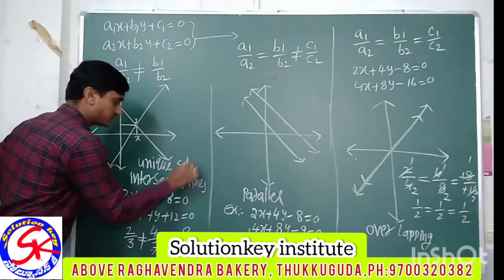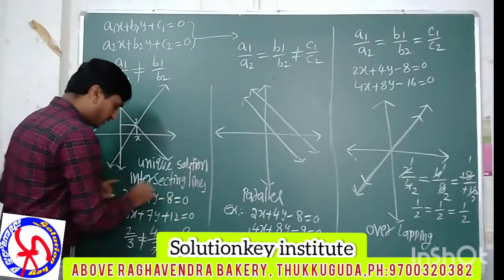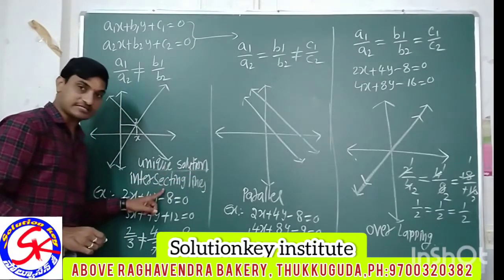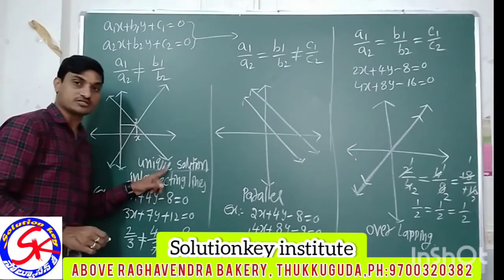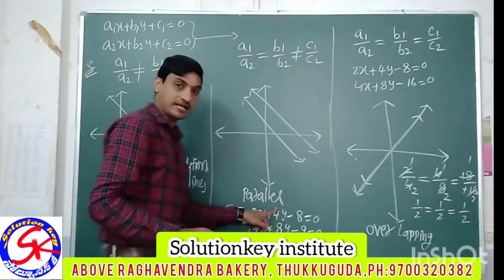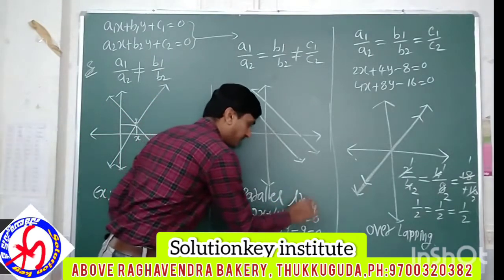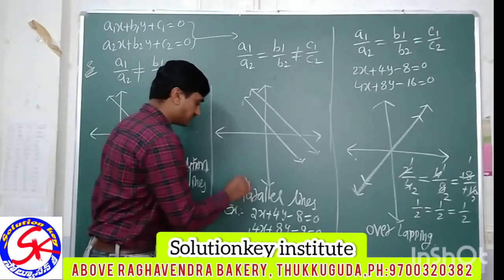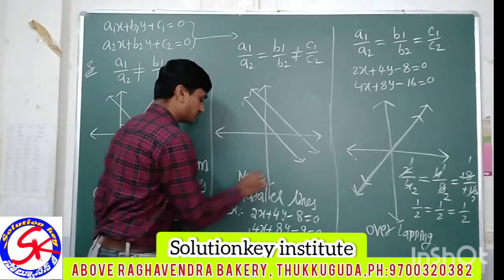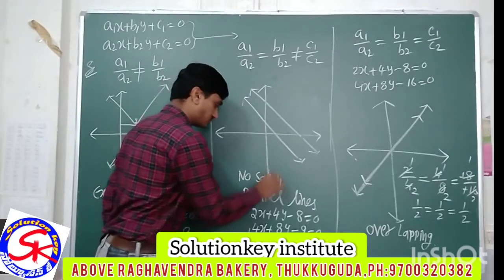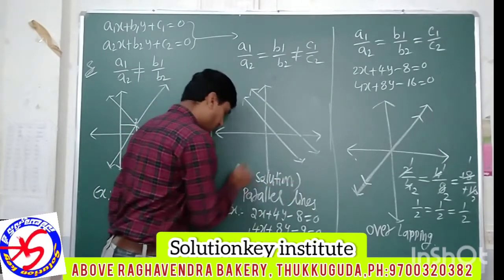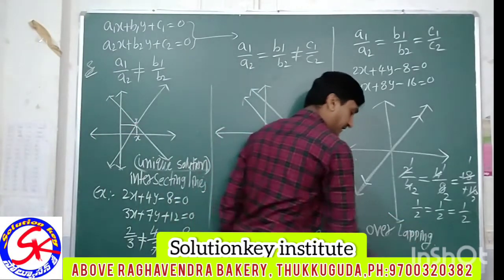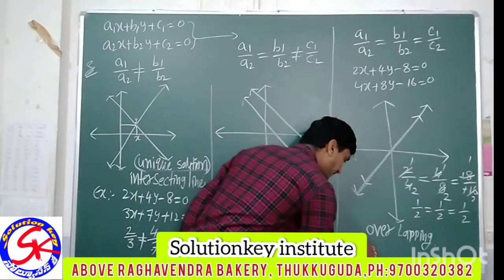It is the graph nature and it is the solution. Parallel lines give no solution. And overlapping lines give infinitely many solutions.